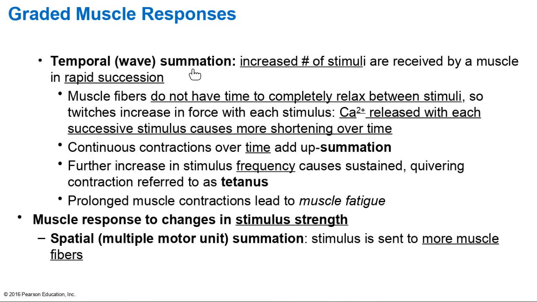Now, what happens in temporal summation, or what can happen, if we get too many stimuli, if we get too many in a short period of time, what's going to happen is that the muscle does not have enough time to relax.